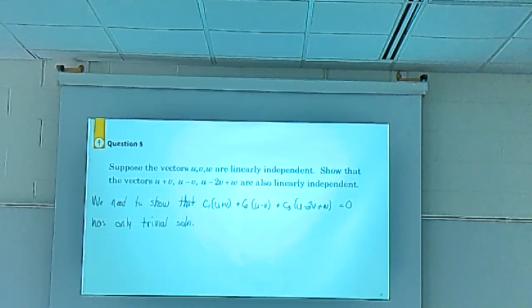So what we want to show is that that system has only the trivial solution, i.e. C1, C2, C3 are all 0.